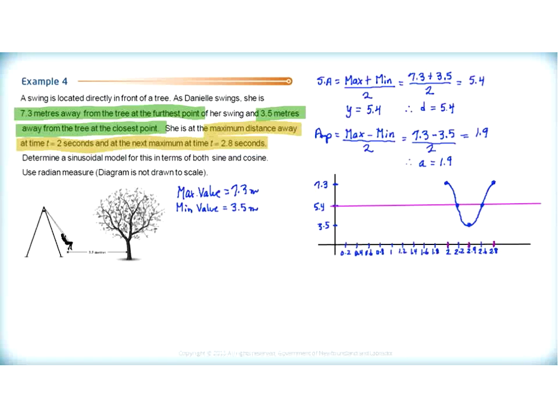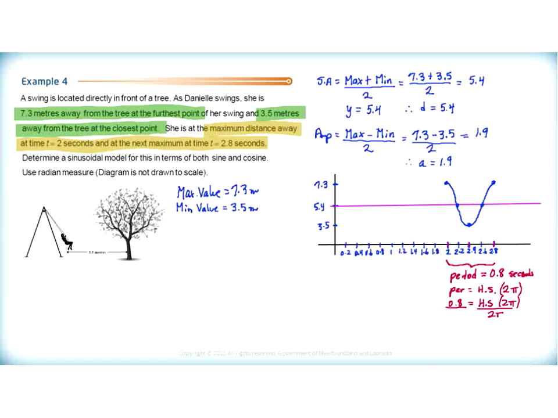Okay, so now using that, we could come up with the equation of the function in terms of cosine right away, because we have the V-shaped graph. In the meantime, before we do that, let's look at the period of the function. The distance between 2 and 2.8 tells us that the period of this function is equal to 0.8 seconds. The period is equal to the horizontal stretch multiplied by 2 pi, in this case because we were told to use radian measure. So 0.8 is equal to the horizontal stretch multiplied by 2 pi.